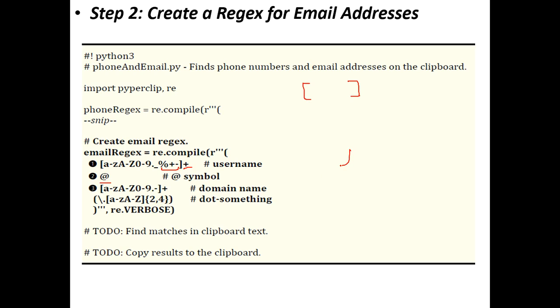Whenever we mention a number range within a pair of braces, here 2 to 4, it is going to match the character class either 2, 3, or 4 characters. So this is how we have created a regular expression for email addresses.